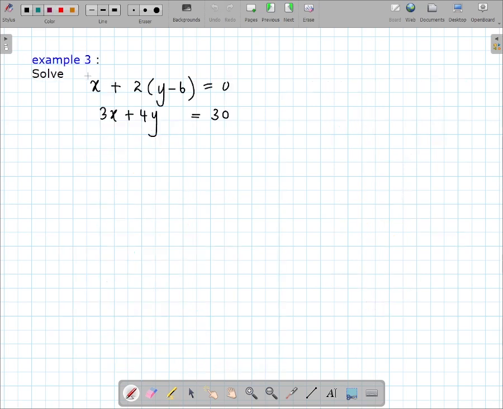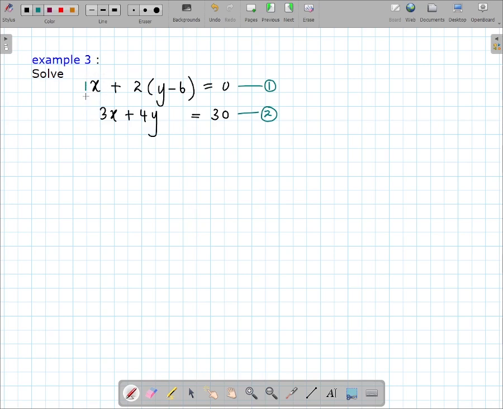Example 3, x plus 2 times y minus 6 equals 0, 3x plus 4y equals 30. First, I'm going to name them. Equation 1, equation 2. Then I'm going to check the unit coefficient. So you can see first of all here it is unit coefficient.